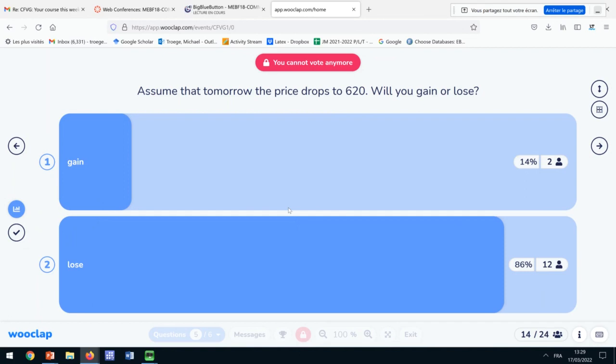Now, if the price drops tomorrow to 620, you could have bought the same wheat that is delivered in September but for a price of only 620 in September. So actually you have lost this entire difference. You are committed to pay 950, but actually now the price for delivery in September is 620.